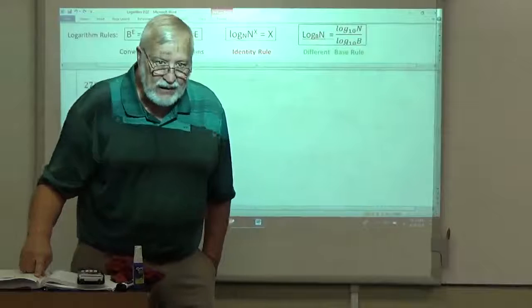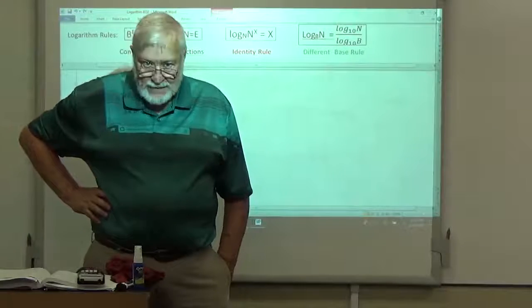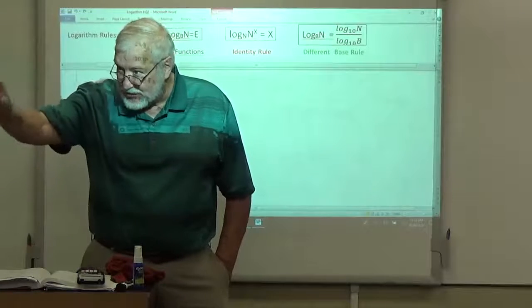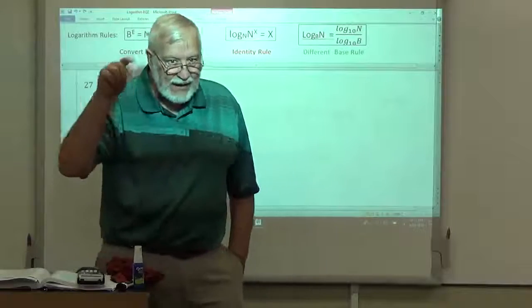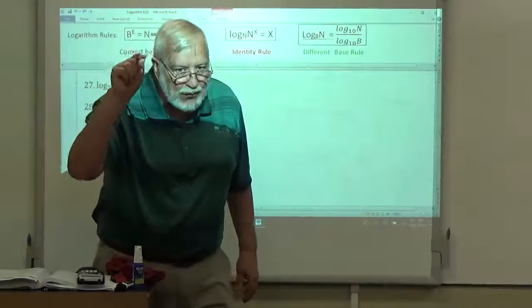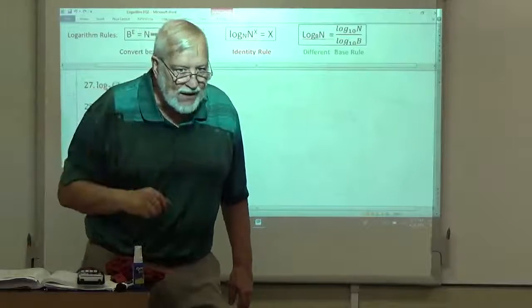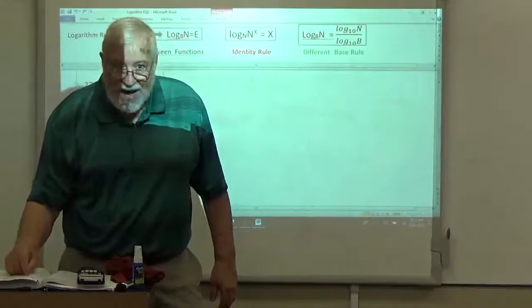Now here's my question. Problem 11 says to do what? The log of 2 divided by 3. If the number is divided, what do you do with the exponent? Subtract them. So this will be log 2 subtract log 3.